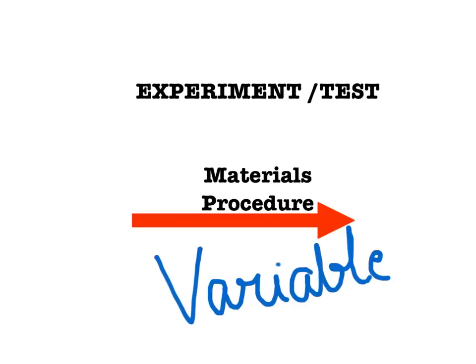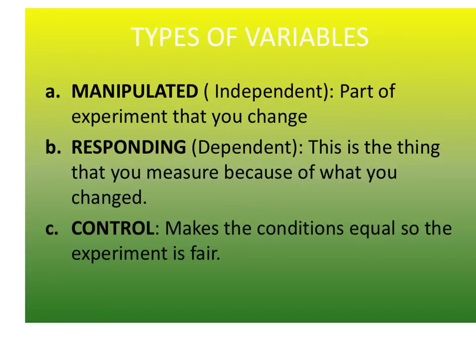Now there are three different types of variables in an experiment, and we'll learn what each one of those variables means and what's the significance of each variable in the experiment. The first variable, we'll call it the manipulated variable. It's the part of the experiment that you change. When you are thinking about your question, this is the part of your question that you want to test.